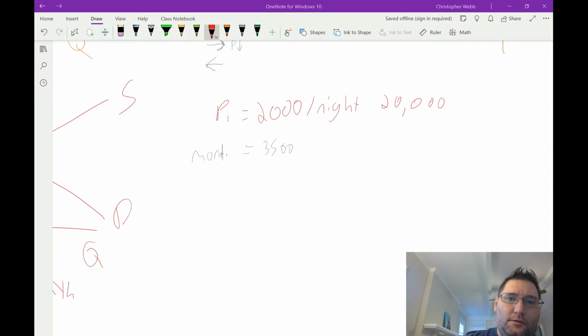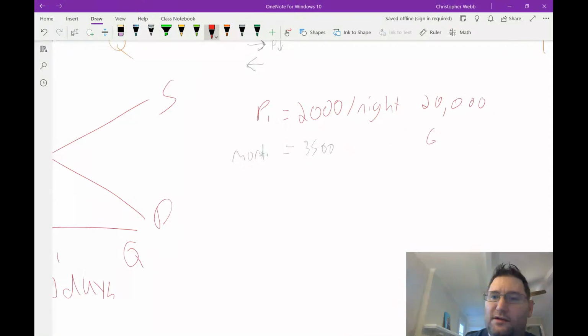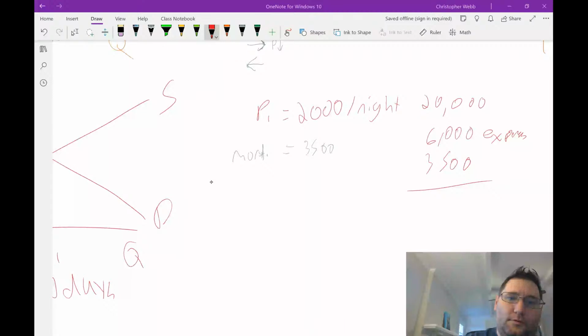Let's say we've got 30% expenditure. 30% is 6,000 in expenses, and we have the 3,500 mortgage. So that's going to be 9,500 total in expenses, which means 10,500 in profit.